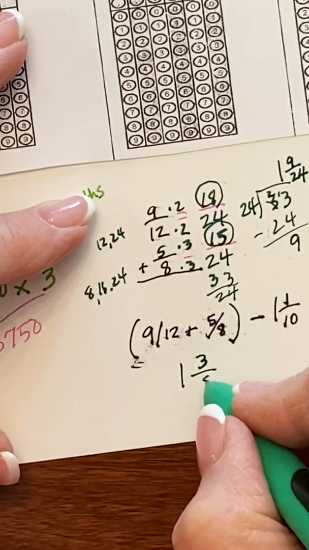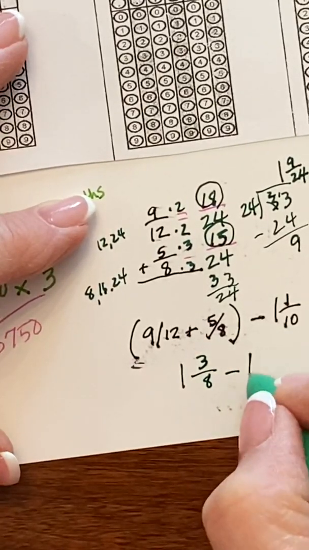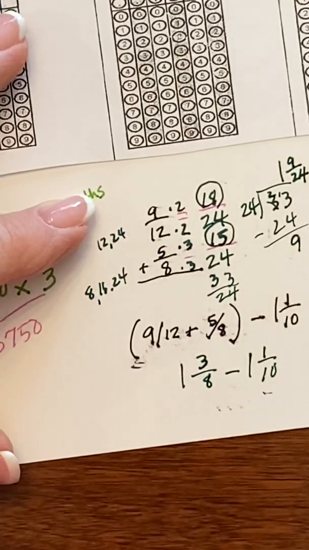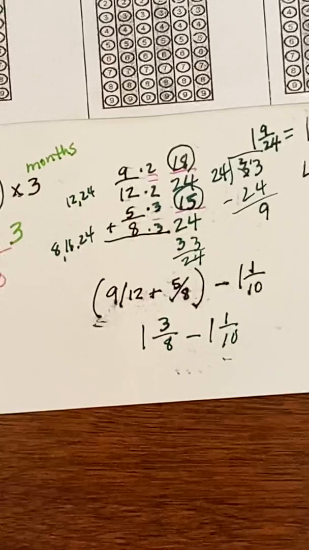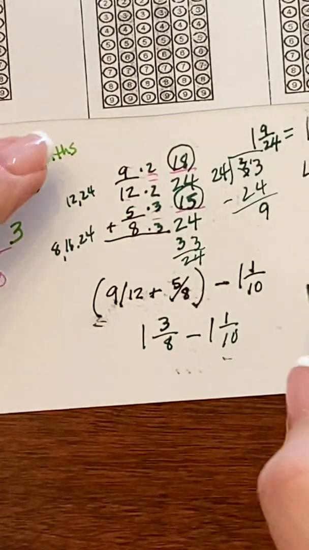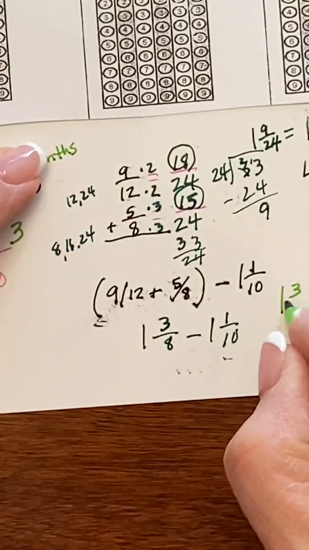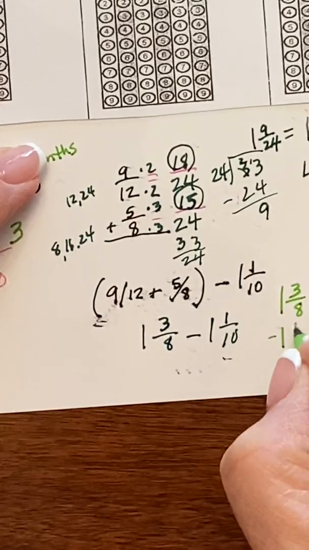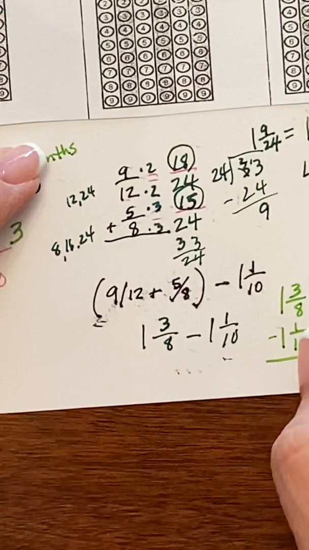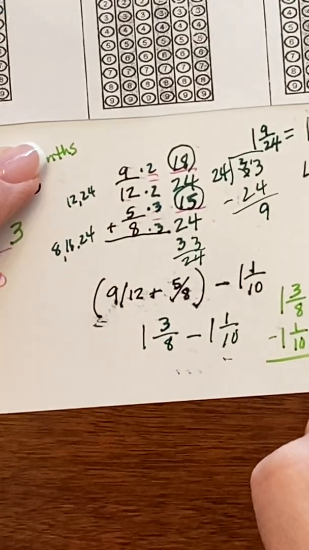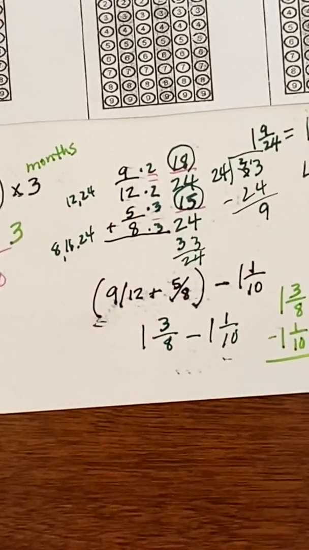1 3/8 minus 1 1/10. This is a nice problem. So now what I want to do is go ahead and stack these, 1 3/8 minus 1 1/10, and get like denominators. Now I'm going to want to think, well, 80, but is there one that we can get to before that?